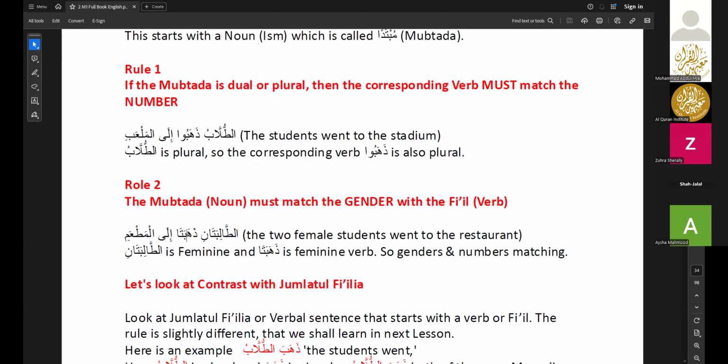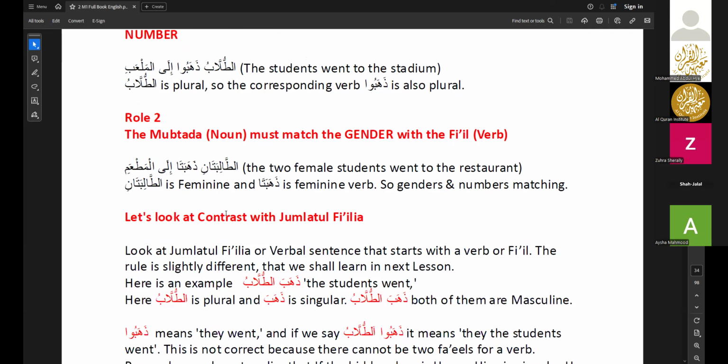Zahaba, zahabata, and zahabata is the two female students. So here the mubtada is female, the verb is also female. And the mubtada here, ani, is dual, two females. So following rule number 1, the fa'il is dual as well.